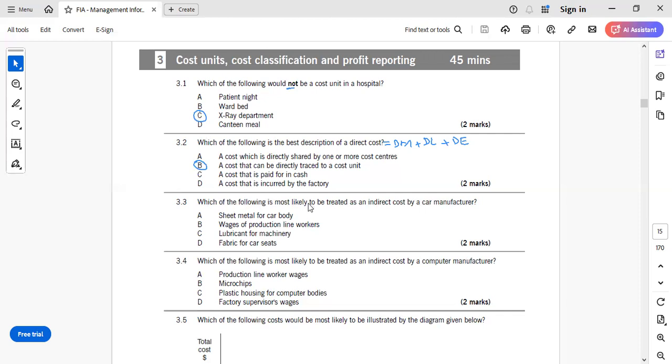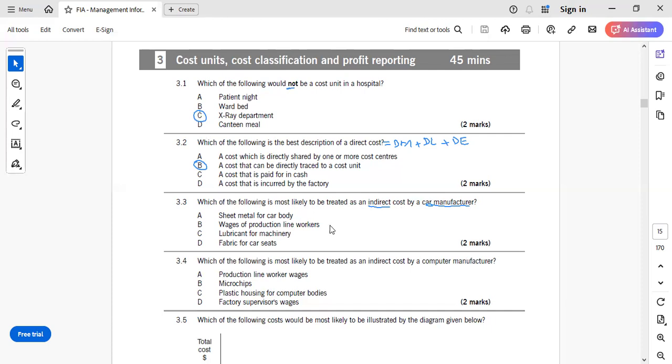Next, which of the following is most likely to be treated as indirect cost by the car manufacturer? Sheet metal for the car body, this is your direct material.